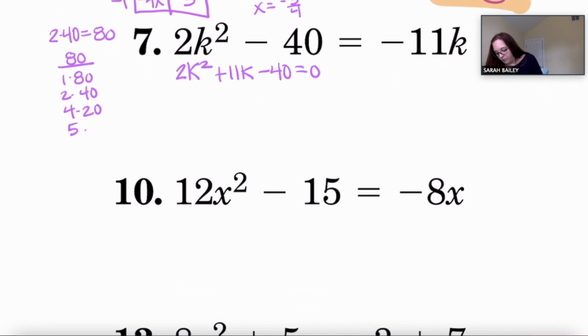Let's see. 80 divided by 5 is 16. I don't think it's divisible by 6, is it? No. And that would be 8 times 10. All right, we want the pair that would make 11. 16 minus 5 is 11. So that one would work.